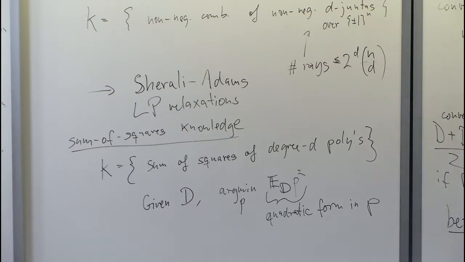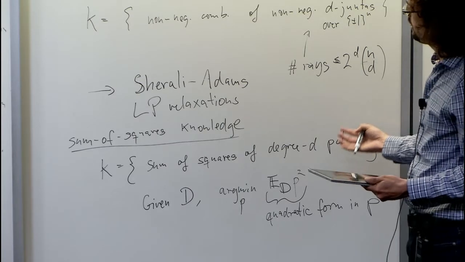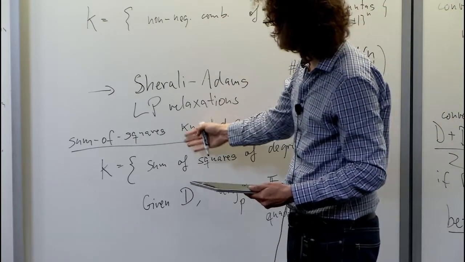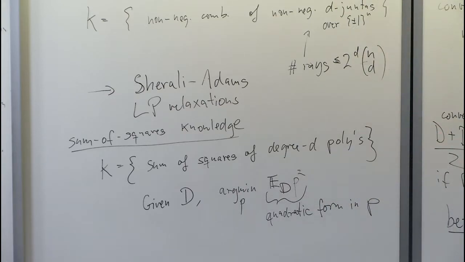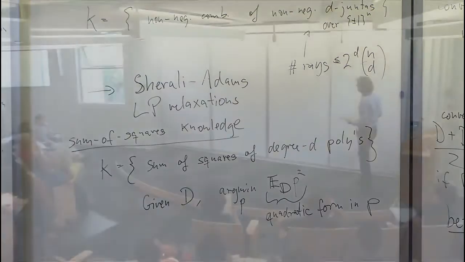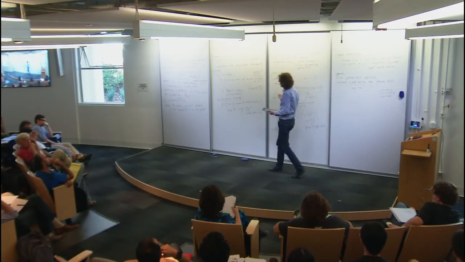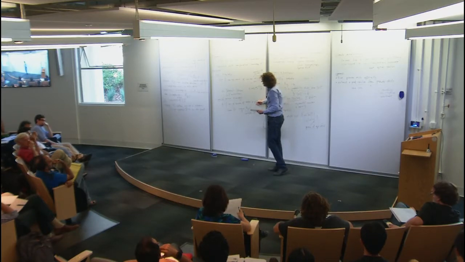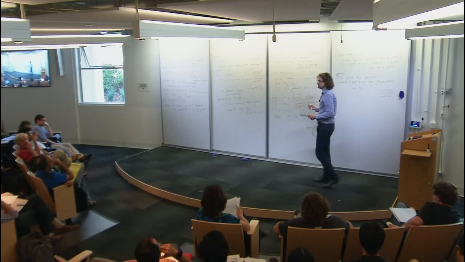And that means that, in some sense, if you work with a pseudo distribution that is consistent with this kind of sum of squares knowledge, and you're thinking about algorithms that try to extract a good solution from a pseudo distribution, it's very hard for them to notice the difference between having just a pseudo distribution and having an actual distribution.